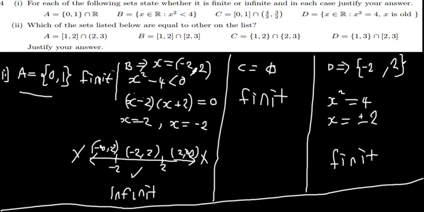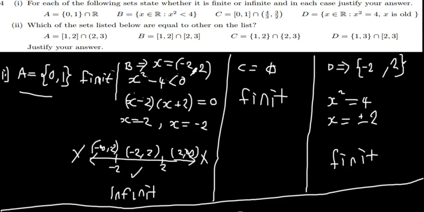Let us now also find C. C here is saying [1, 2] intersection [2, 3]. Even here, when you check properly, the intersection set is 2. The common element there is 2.